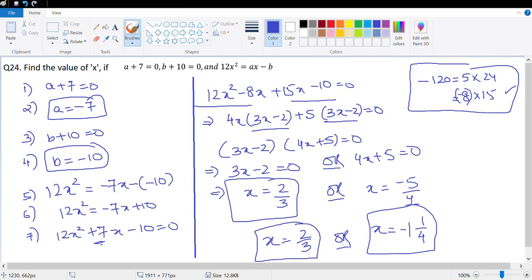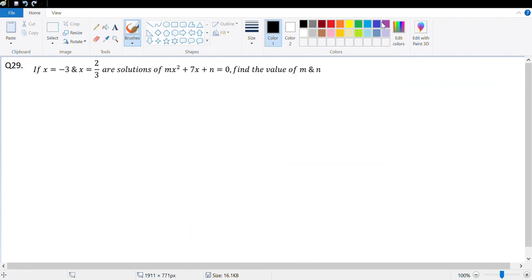The next question that we're doing is question number 29. Okay, let's look at this question. It says if X is equal to negative 3 and X is equal to 2 by 3 are solutions of this equation, find the value of M and N. So put X is equal to negative 3 and what we get is M times negative 3 square plus 7 times negative 3 plus N is equal to 0.